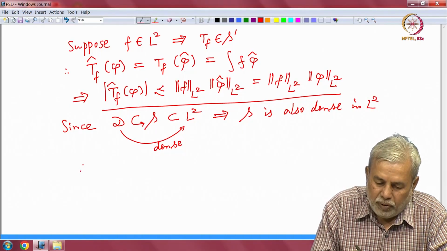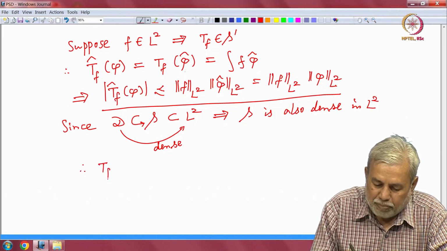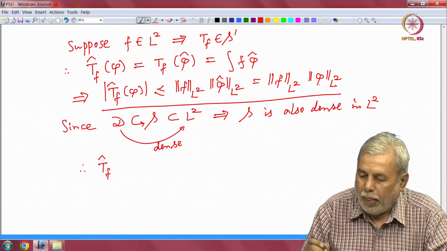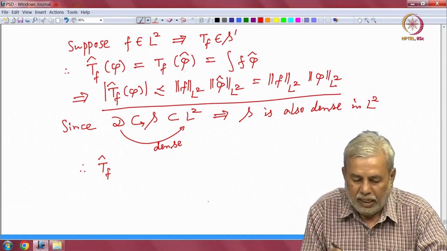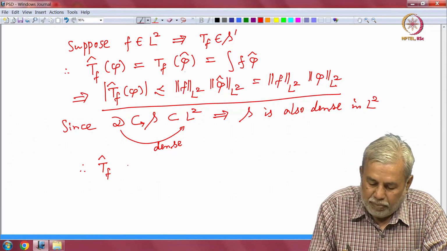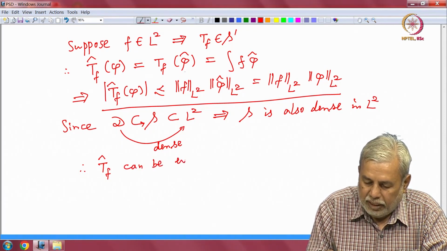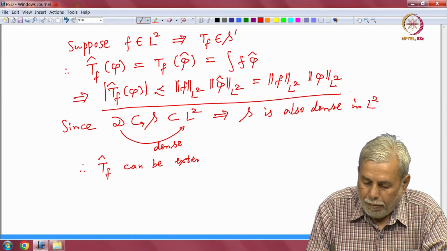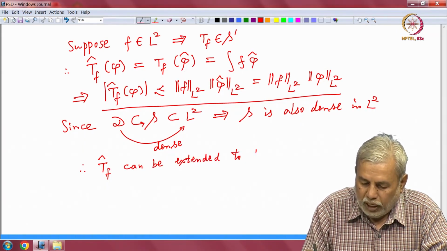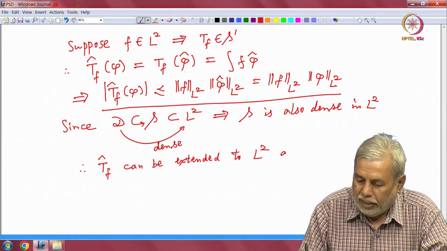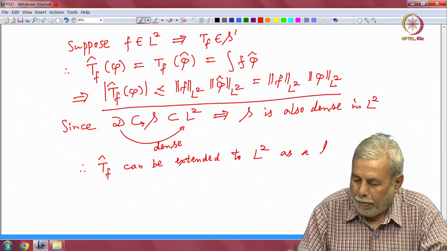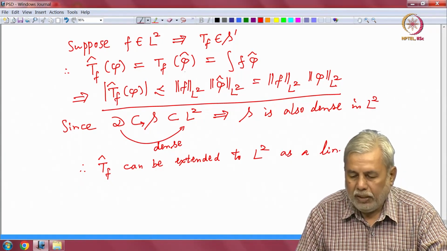So, therefore, using that estimate, T_f hat can be extended to L2 as a linear functional. Okay.